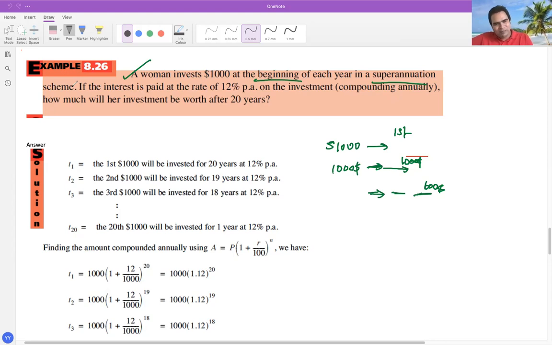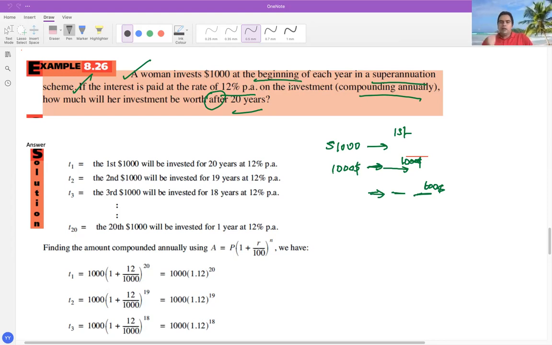If the interest is paid at a rate of 12% per annum, compounded annually, how much is the worth of the investment after 20 years?